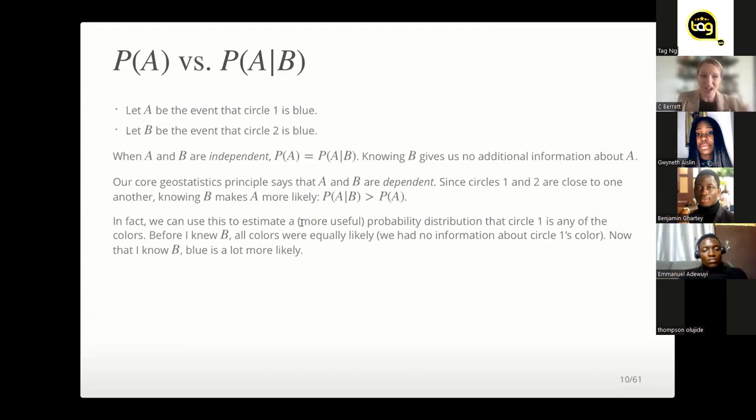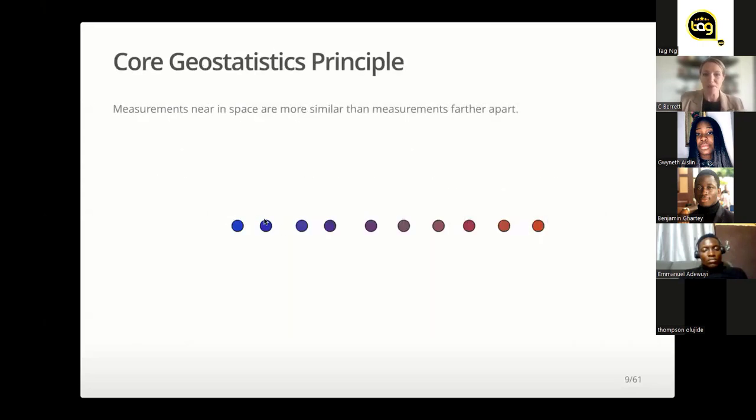In fact, we can use this to estimate an entire probability distribution about circle 1 being any color. So maybe before we collect data, or before we know what circle 2 is, I know that the color is going to be anywhere from blue to red. And so my best guess would be the average, or purple.